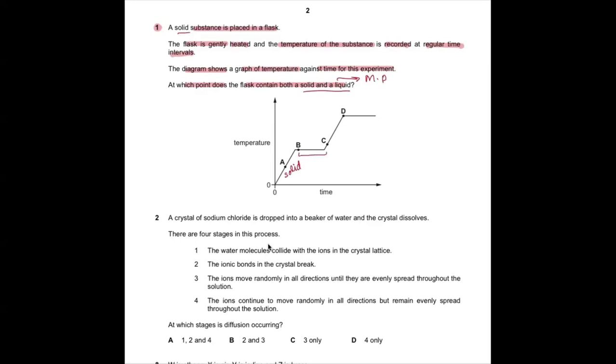But from B, with this horizontal line, it is a solid and liquid both, and then over here it's a liquid, and over here it's a liquid and gas both, right? So they ask you both solid and liquid, so that is only point B because it's the melting point. So point A, C, and D goes wrong, and B is the correct answer.